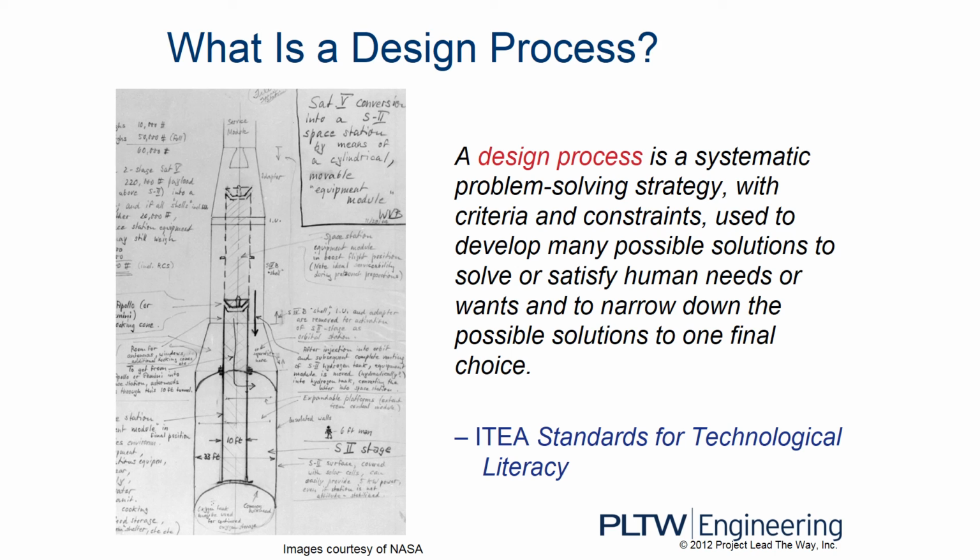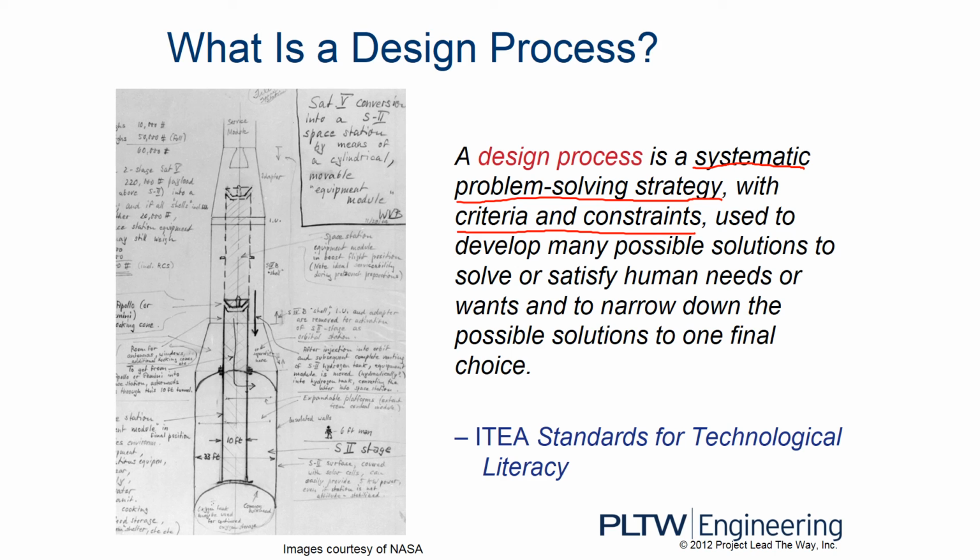Let's break that down so it's not quite so scary, because it's kind of scary the way it is right now. So, design process is a systematic problem-solving strategy. All that means it's a system for solving problems. Period. It's a system for solving problems with criteria and constraints.